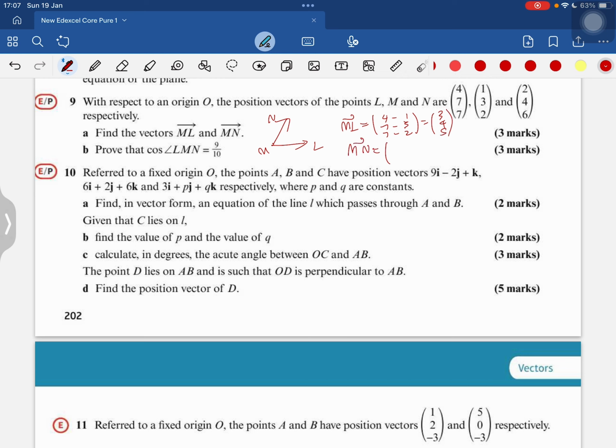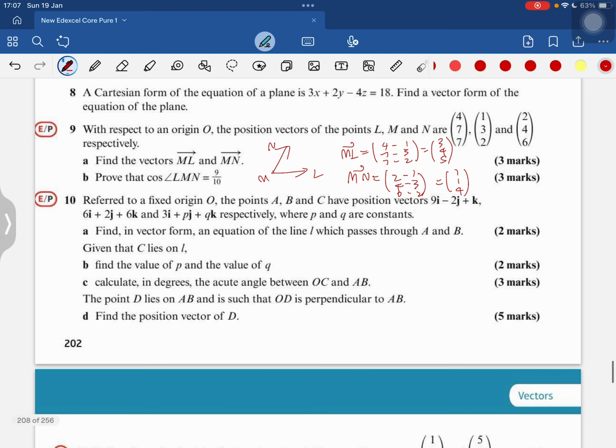The N vector is N minus M, 1, 1, 4. So we can prove the cosine using the dot product.